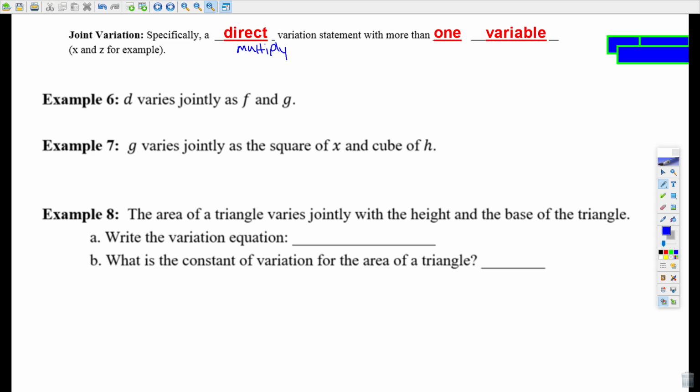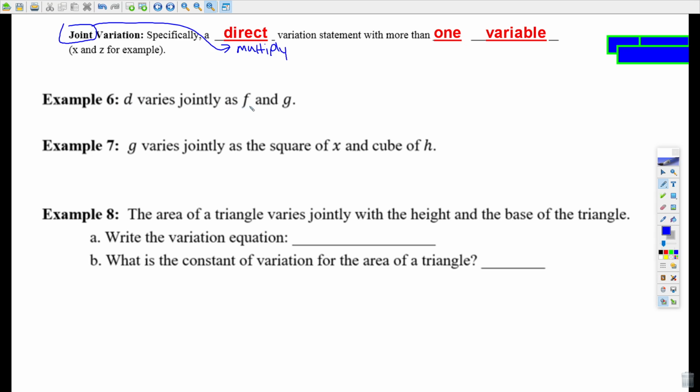You multiply stuff together. But now we're just going to have a bunch of things being multiplied together. So when it uses the word jointly, think of everything being multiplied together. But besides that, we still have the same stuff. We're still going to have k. Nothing else changes along those lines.